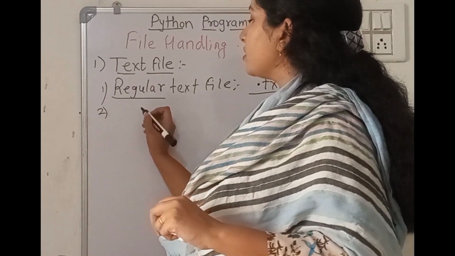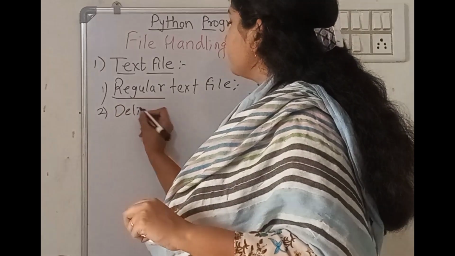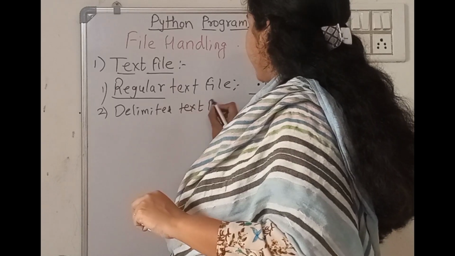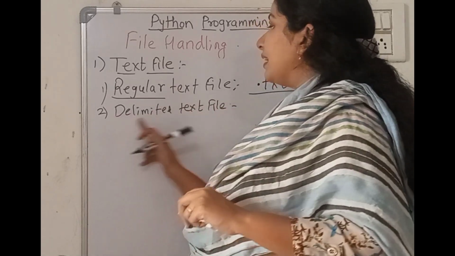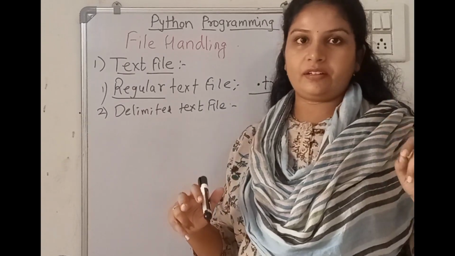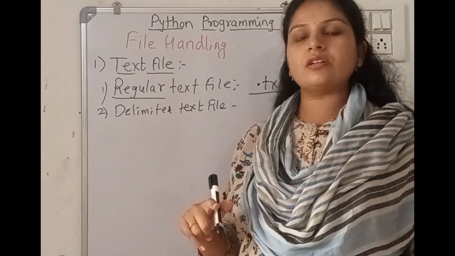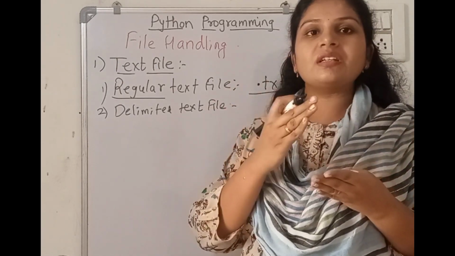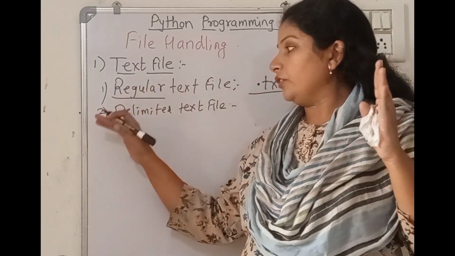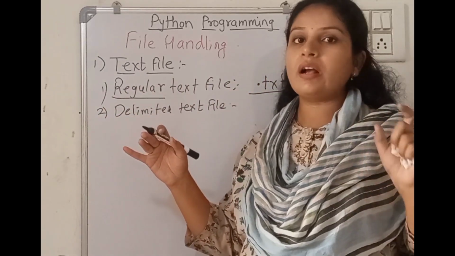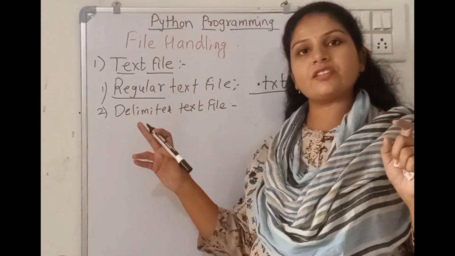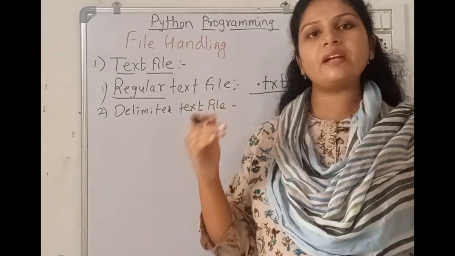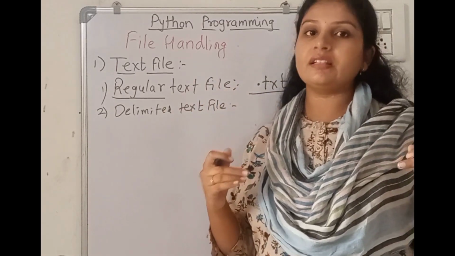Then the second one is the delimited text file. Now here also, delimited text file means you are mentioning the delimiter, which is also a character, same as your new line character. So you are actually specifying where you are using that delimiter to inform where your line is going to end. So this delimited text file means either you are mentioning the separation of words in a particular sentence and the new line character.